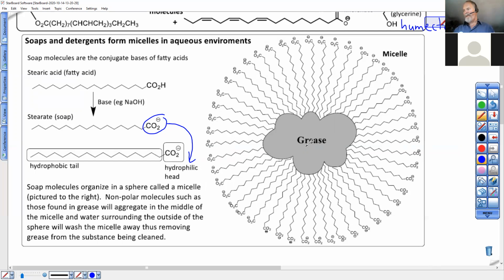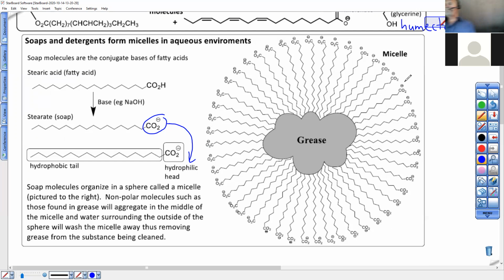So you've given it a better place to be. It's got better intermolecular forces with these tails out here. So you have trapped that grease molecule in this thing that can be washed away. This sphere gets washed away. And it's water soluble. Why? Because of all these ions on the outside. So that's how you clean stuff.